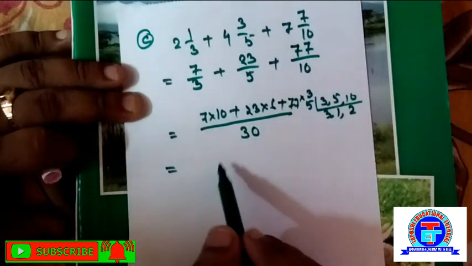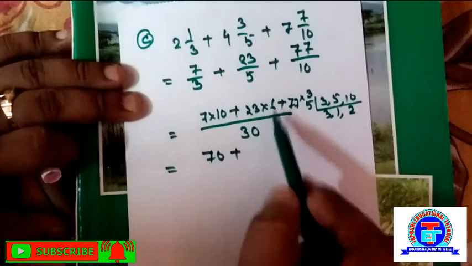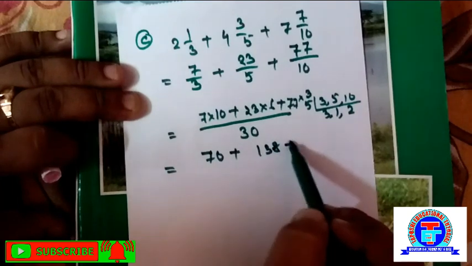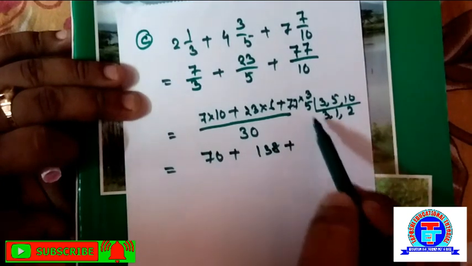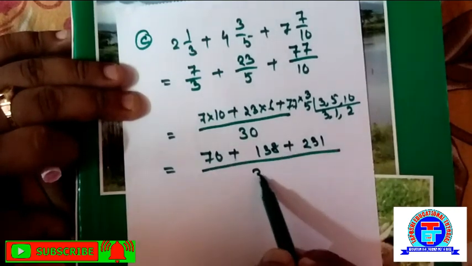So it will become 70 plus 138 plus 231, that is 439 by 30.